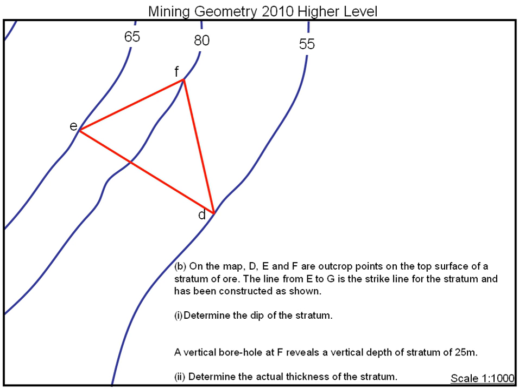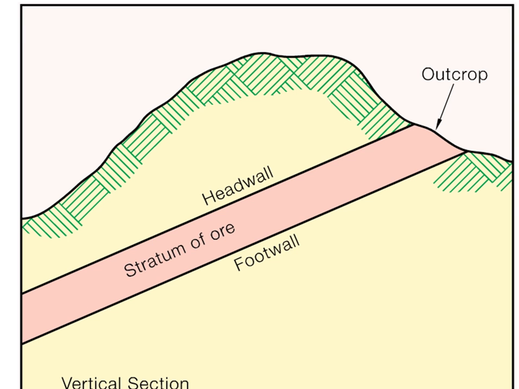I'm going to go over the terminology now so you have some idea what we are talking about. The outcrop is the part that comes out of the ground. You have your head wall here, you have your stratum of ore. So an example here would be gold, and then you have your footwall, which is here. So that's the top of your layer, that's the bottom of your layer, and there's your stratum.